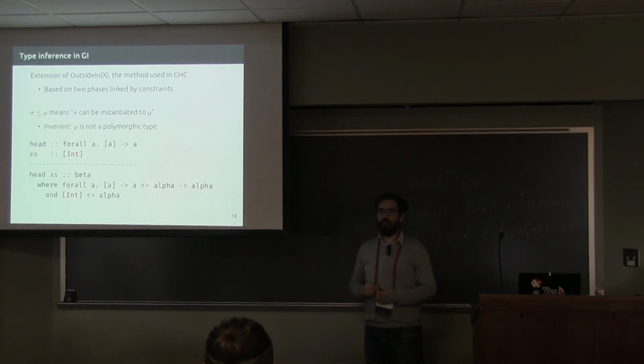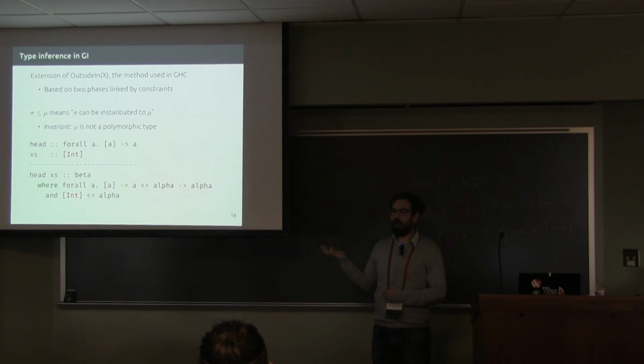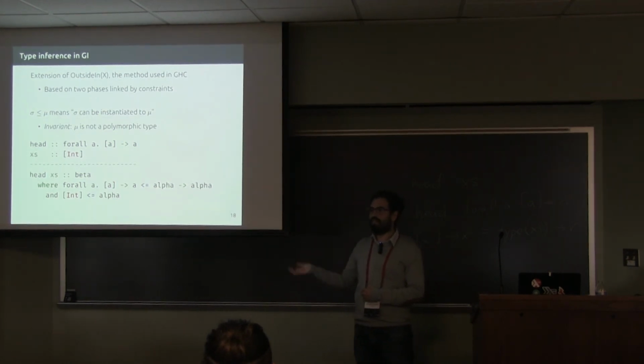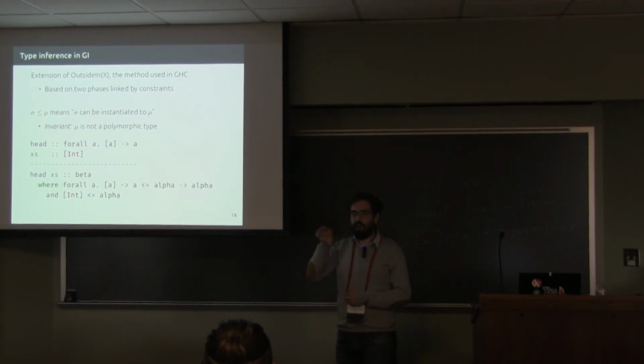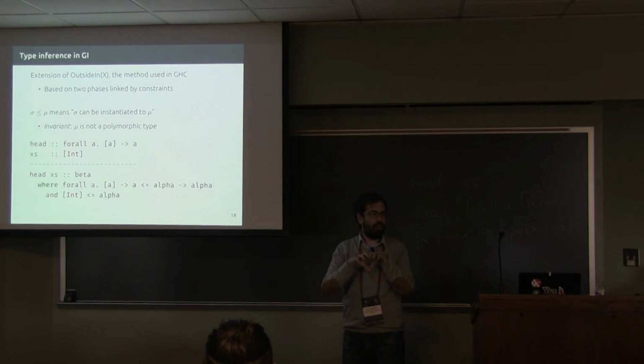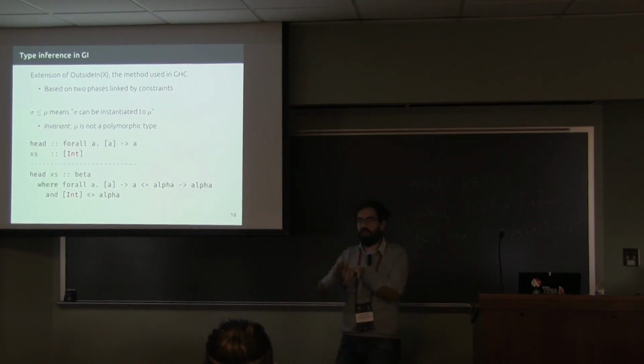So the idea is, before you just said, okay, these two things have to be equal, but now you are delaying this decision a bit more, because if you have an argument to a function, the argument doesn't have to be equal to the argument required by the function. It only has to be the case that the argument can be somehow turned into the thing that you require.